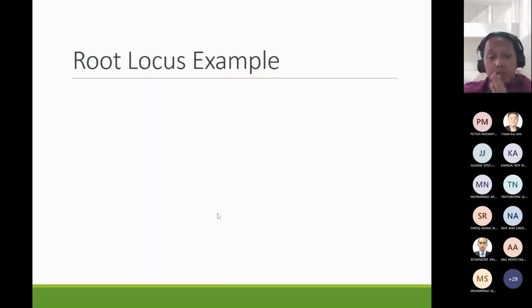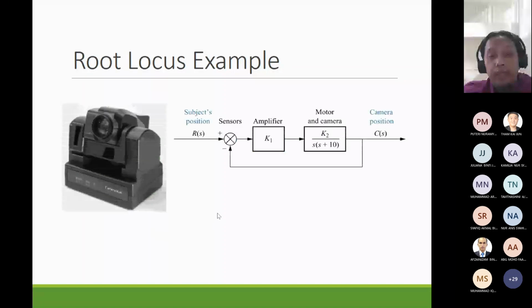Okay, now let's look at the main topic of this lecture, which is the root locus. After we understand complex numbers, now we can look at what the root locus is. So let's say you are given a system.